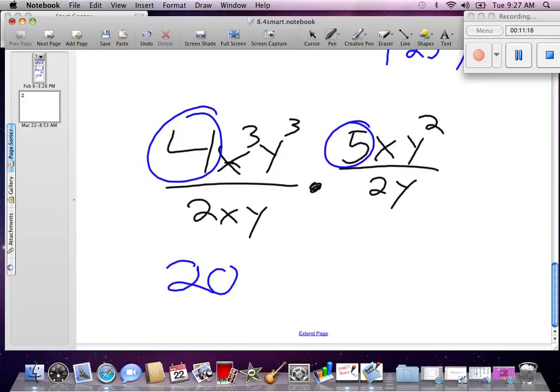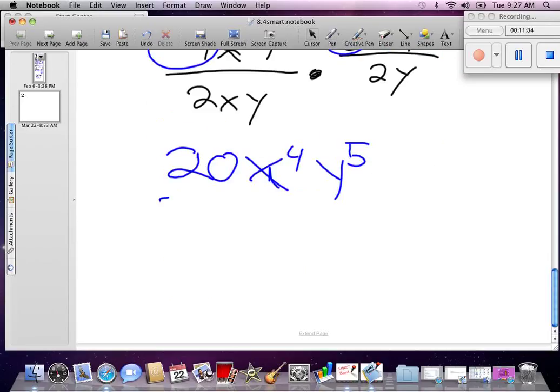Now I'm looking at just the x's. I've got 3 x's here, but how many x's do I have here? 1, so it gives me x to the 4th. Then I've got 3 y's here and 2 y's here, so I've got y to the 5th. All over 2 times 2 gives me 4. I only have the one x, but how many y's do I have?